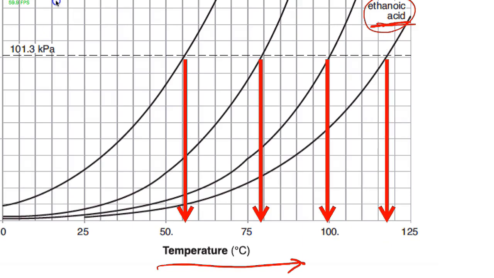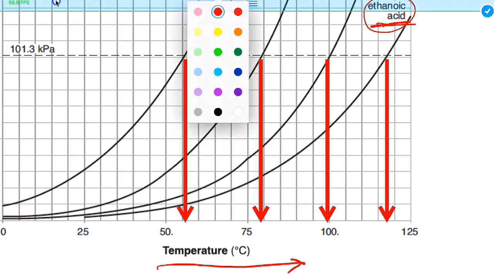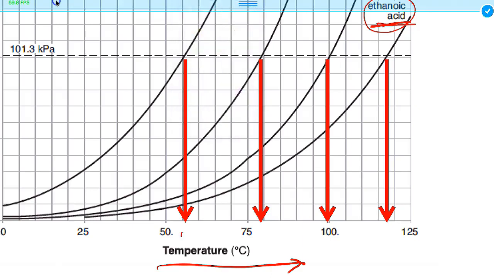Now, I'm going to write in these values. This is about 56 for the propanone. For the ethanol, this is 74-ish degrees Celsius. And 100 degrees Celsius for water, Andy Celsius made it that way. And this is about 117 degrees Celsius for ethanoic acid.